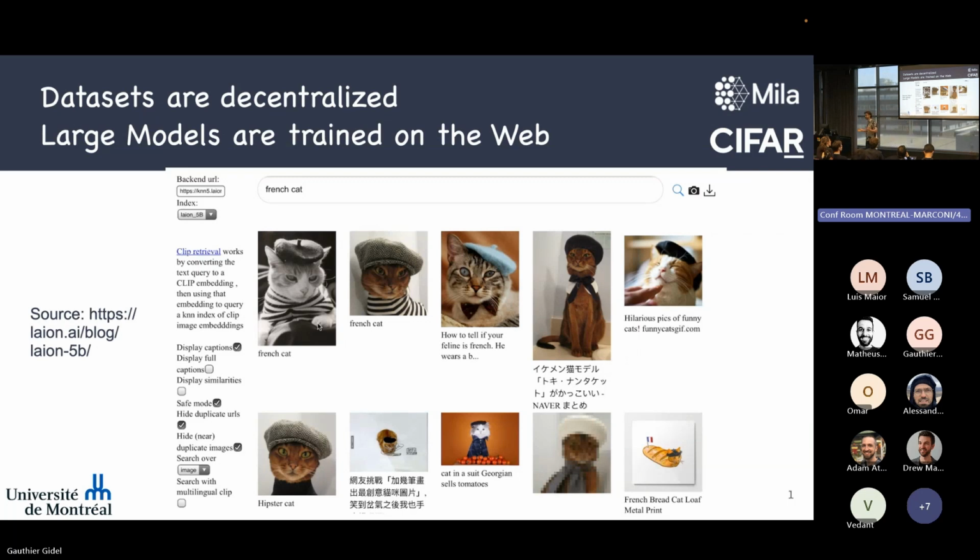And actually, the dataset is so big that it's decentralized. There is no way to just click on a link and download it. The dataset is a list of links, and you have to download it yourself. You have to basically have a script that queries the web, gets the picture, and you build the dataset yourself. And so the problem is, in some sense, this dataset is the web, and it's dynamic.